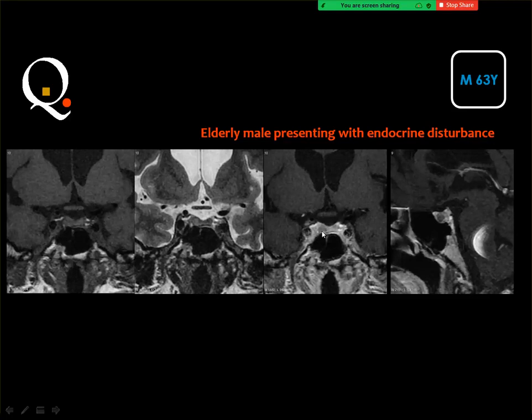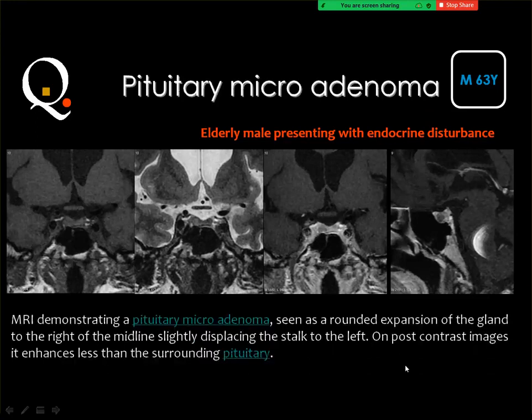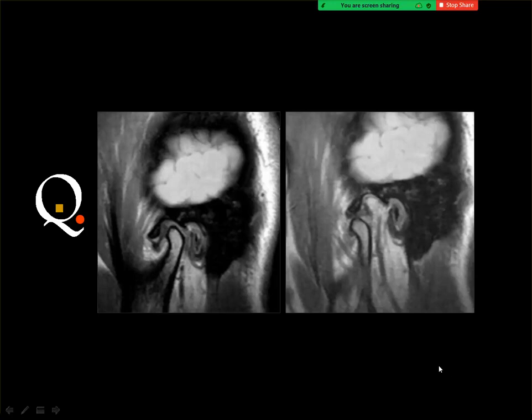Rathke's cleft cyst is centered underneath the pituitary stalk, and it shows cystic criteria of similar CSF signal intensity. It does not enhance with contrast, unless if it is large, it may show some marginal post-contrast enhancement, but the most common focal small lesion in the pituitary gland is pituitary microadenoma.